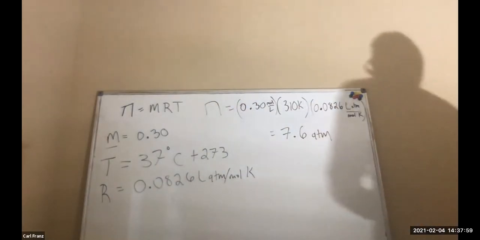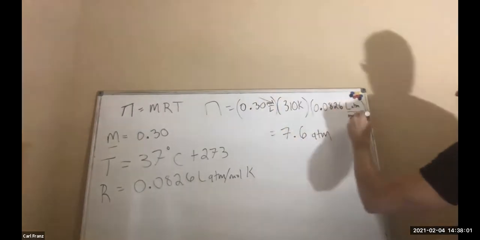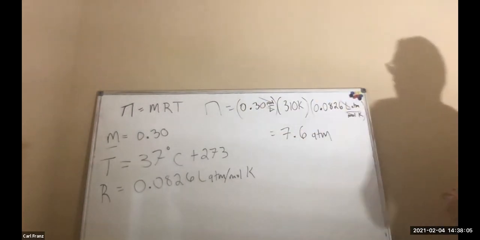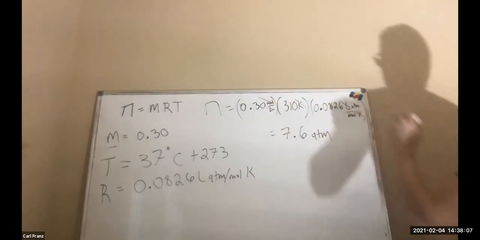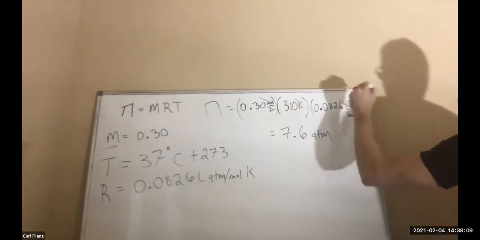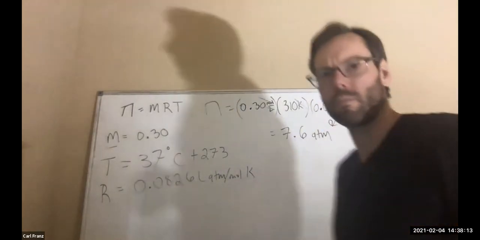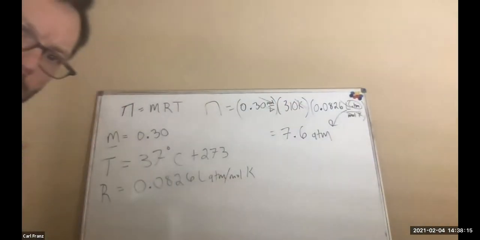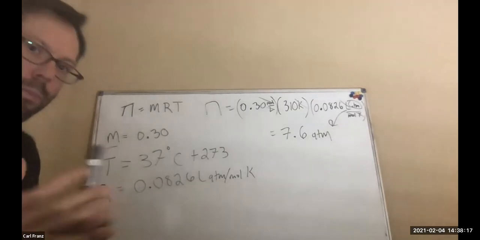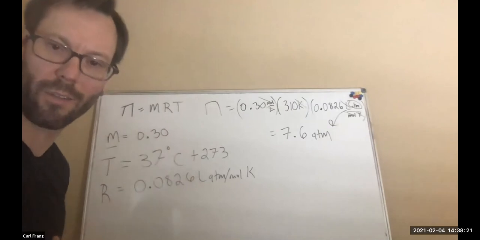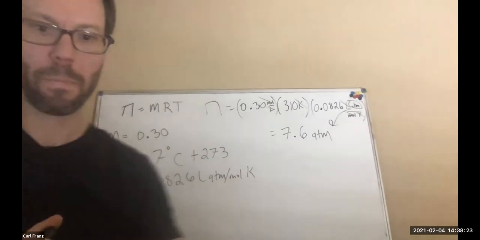And now what cancels? Moles here cancel, liters here cancel, and K cancels. And we're just left with atmospheres. Okay. So very simple, just straightforward plug and chug kind of problem here.